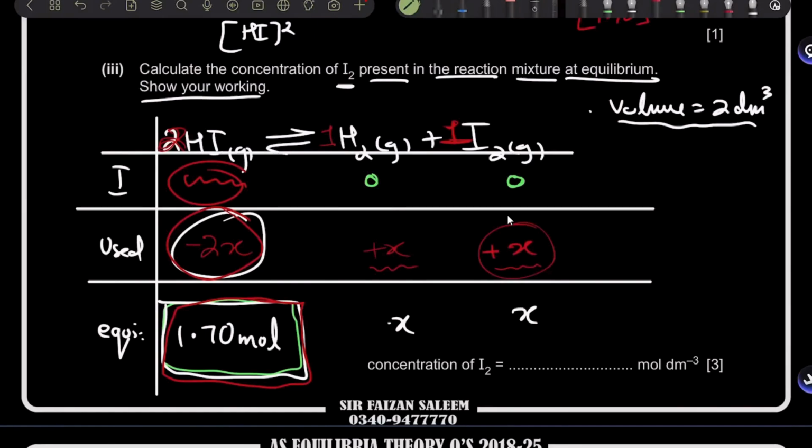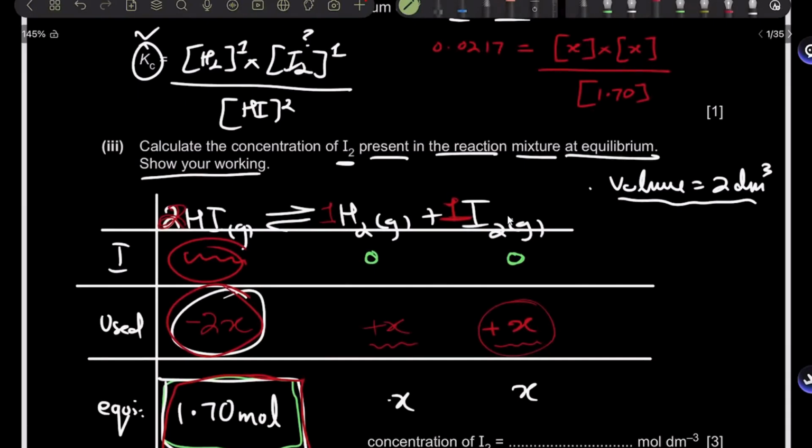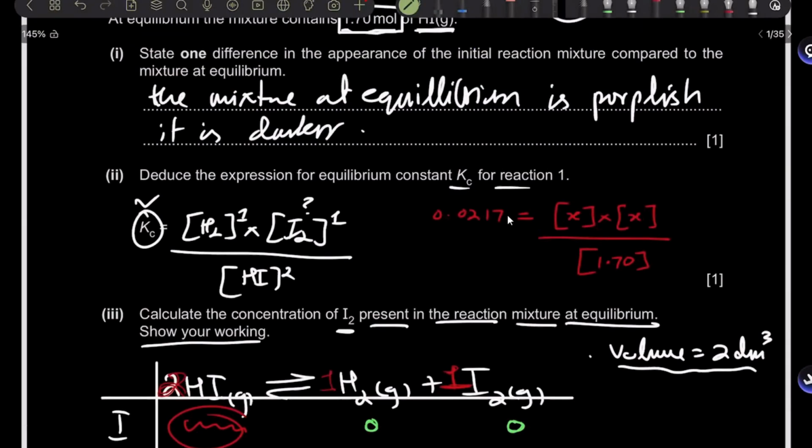This ratio was only formed because I needed to find an expression for the I2 moles and H2 moles. So I assume that if X were formed over here, the same moles would be formed for hydrogen also, right? And 2X would be used from the other side. Whatever the initial moles, I'm not concerned with that. I'm only concerned with the equilibrium moles because the Kc expression is an equilibrium expression. I need to put in equilibrium moles.